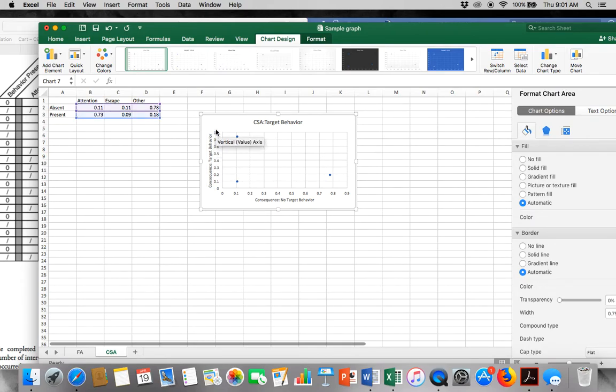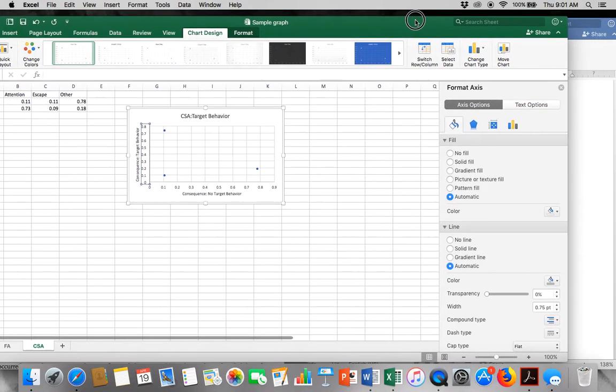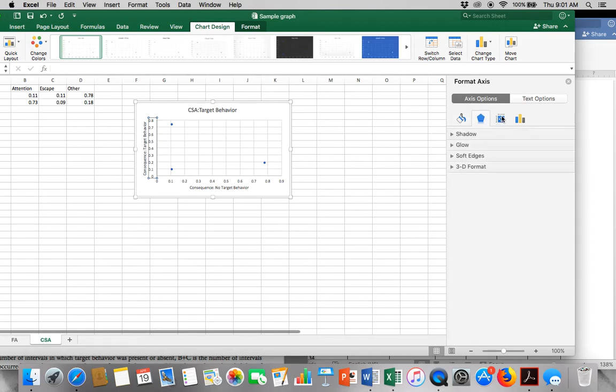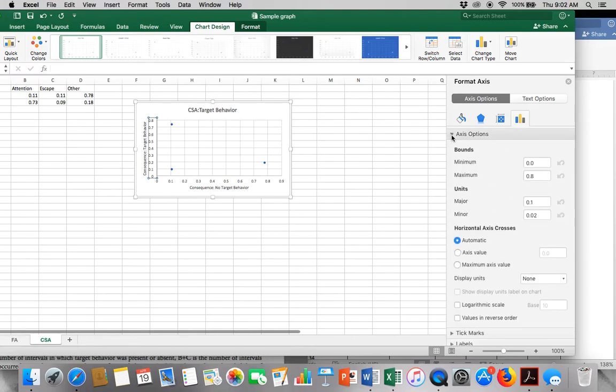Okay, so the next thing we need to do is make sure that our axes go to 1. This is a scale of 0 to 1, so we need to have it reflect that. So go to our axis options over here, and we change our maximum to 1.